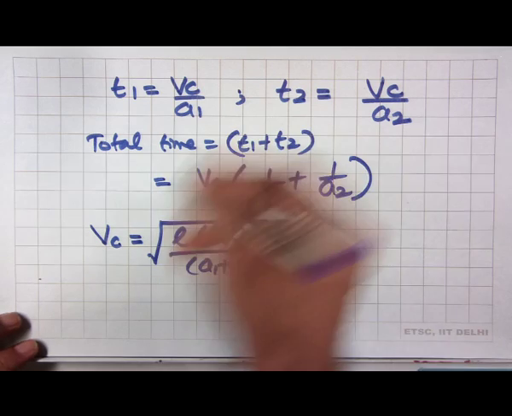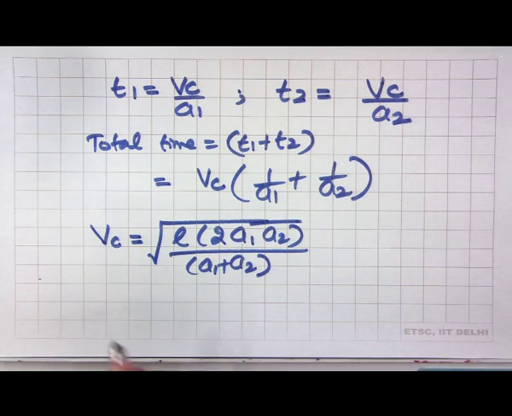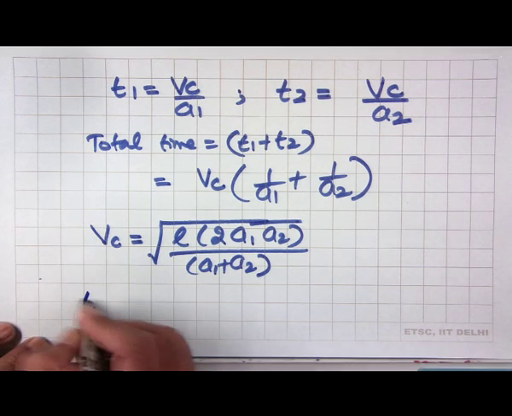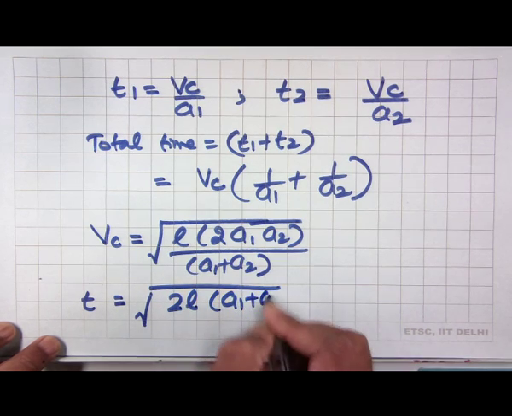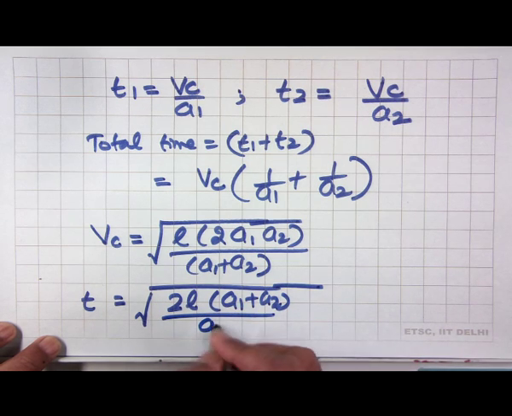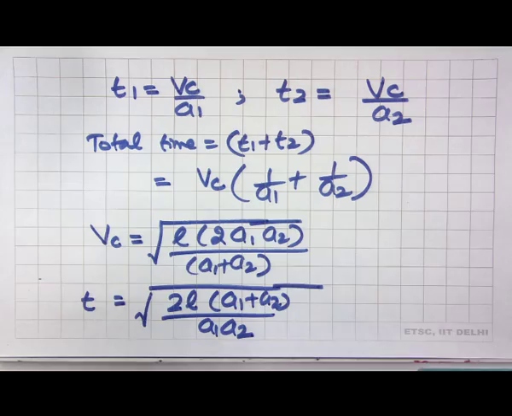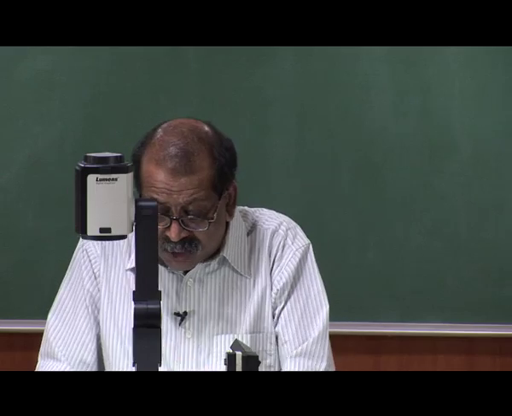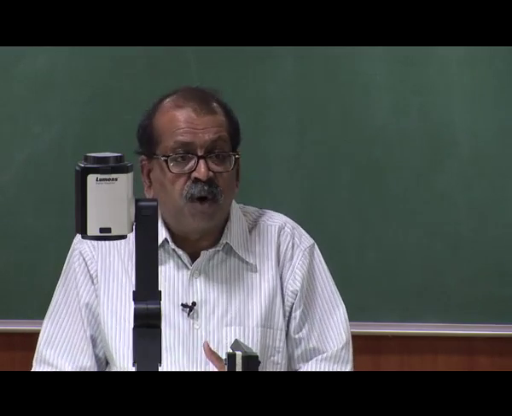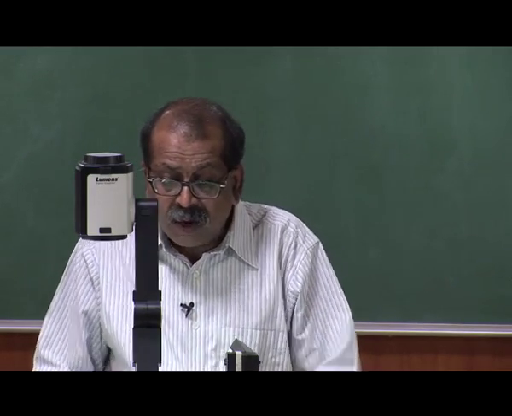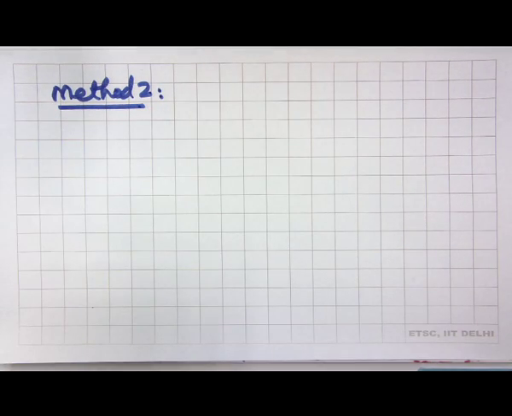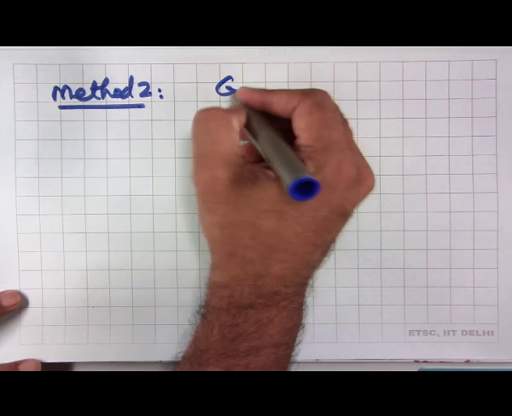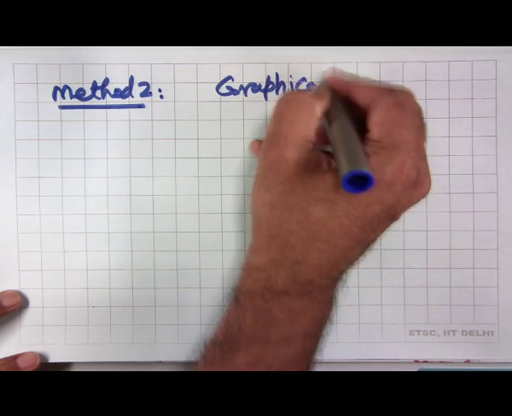We can substitute this and simplify, and once we simplify we get T is equal to the square root of 2L (A1 plus A2) divided by A1 A2. In problems like this, you have to see what is given and what is asked for and work out accordingly. Now, the same problem we can solve with a second method, the graphical method.